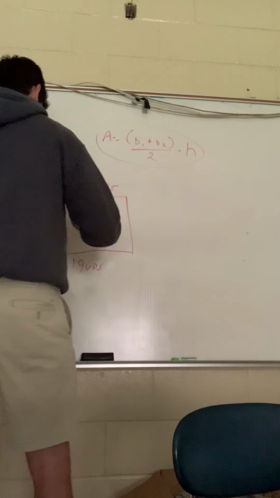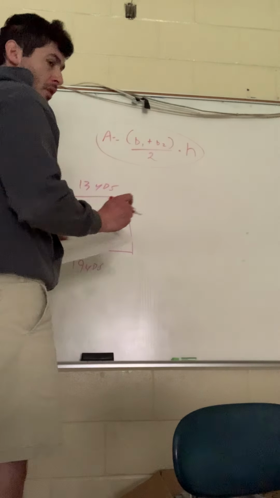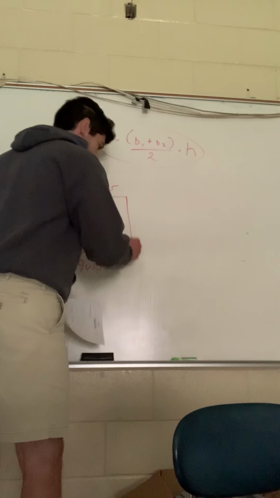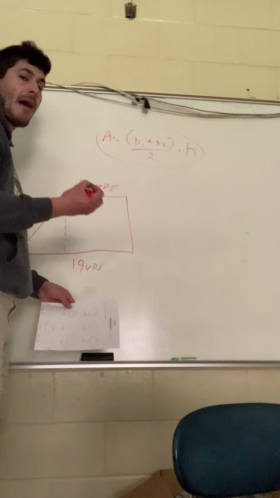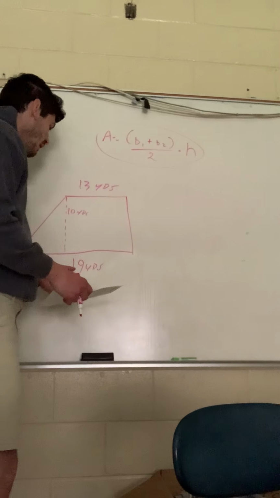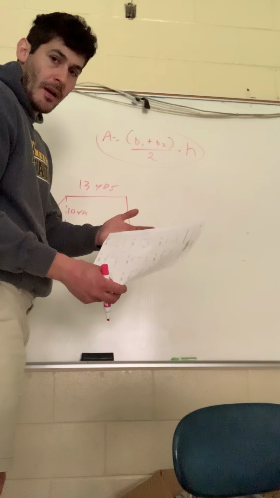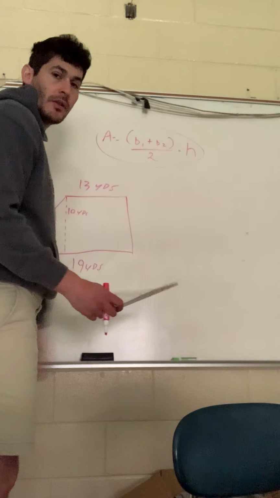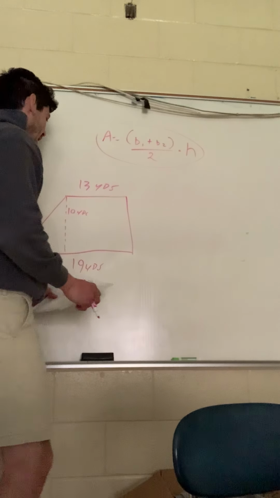The height is 10. Now at this point, you should be able to see that if this is 10 yards, this is also 10 yards. It really doesn't matter for this problem, but you've got to have those visual skills, because in geometry you've got to be able to visualize the relationships between sides. If this is 10, this side will also be 10 yards.